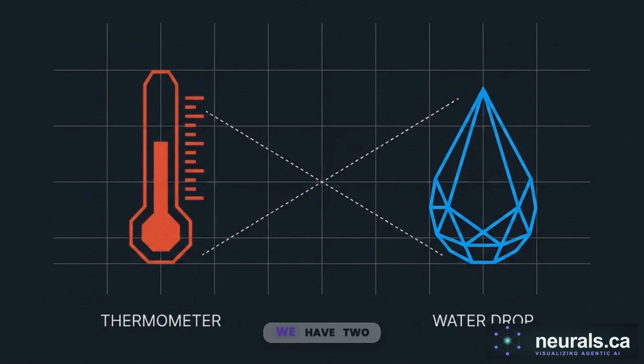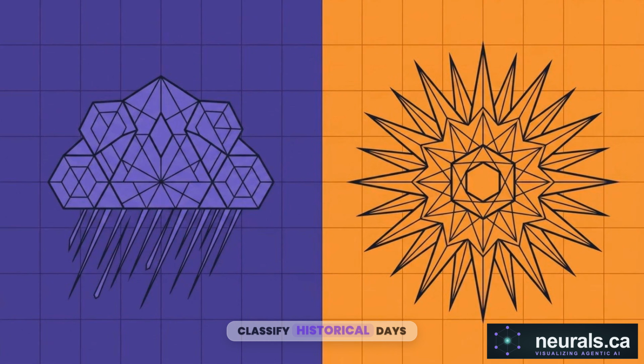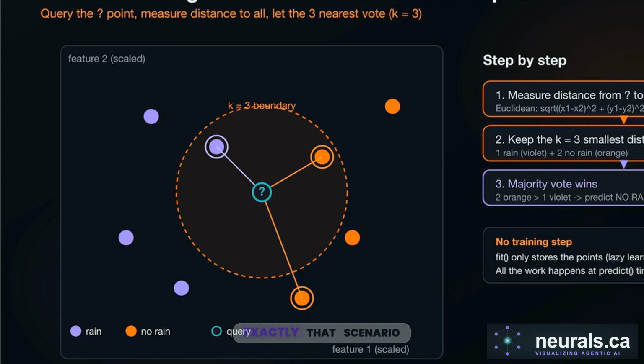To see how this works, imagine we have two features, like temperature and humidity, that we use to classify historical days as either rain or no rain. This graphic plots exactly that scenario. We have established violet points for rain, orange points for no rain, and in the center, an unclassified query point.